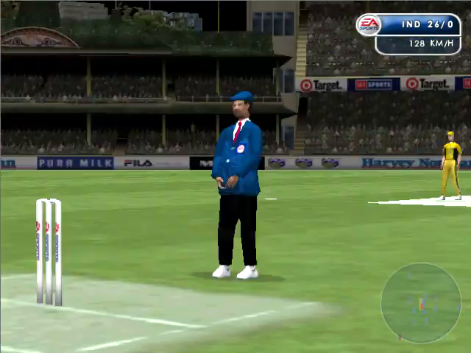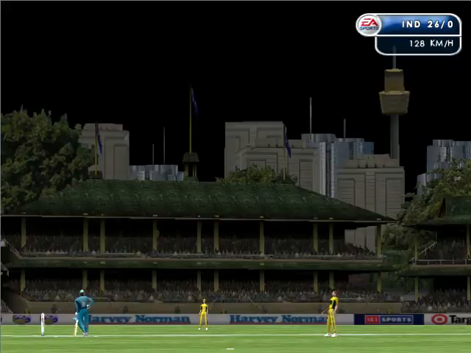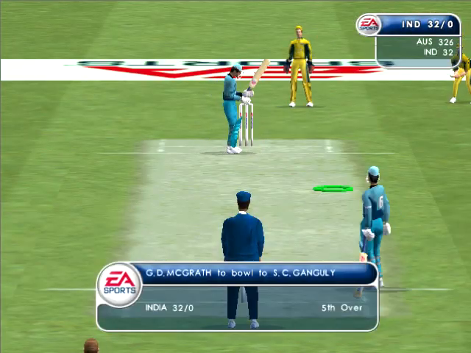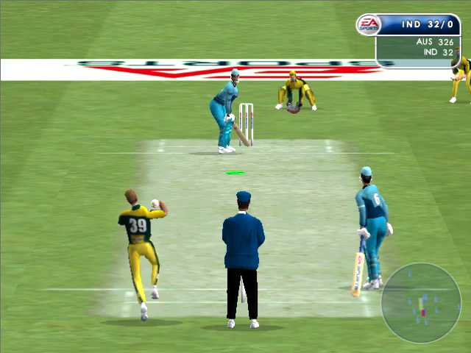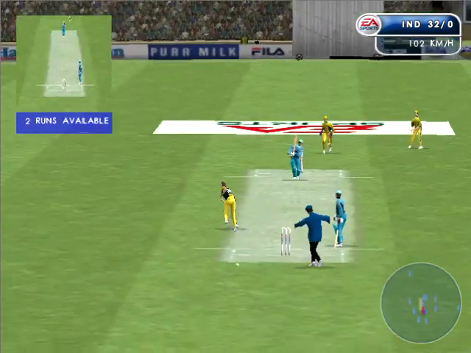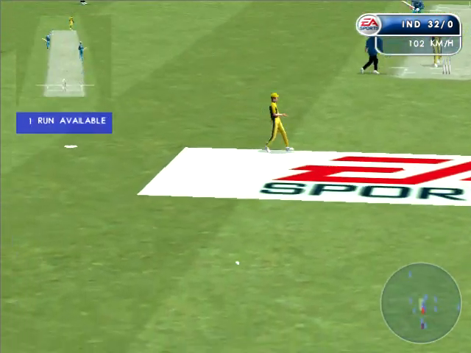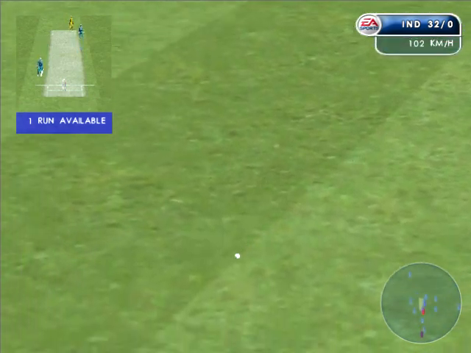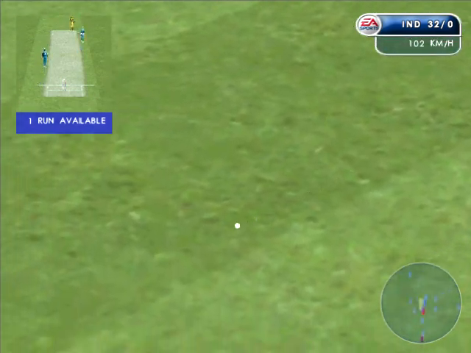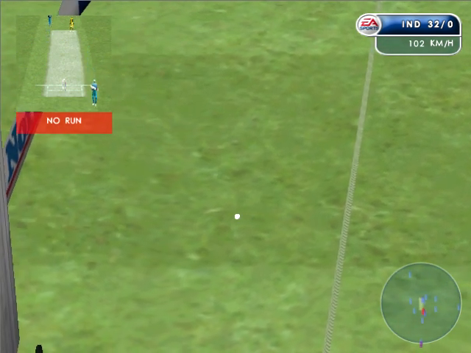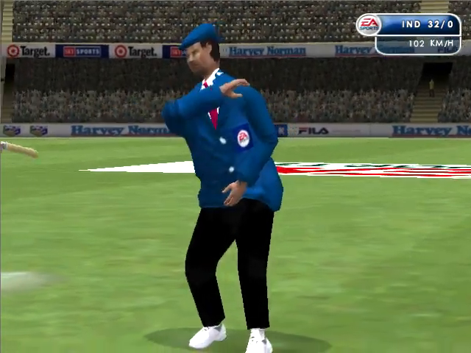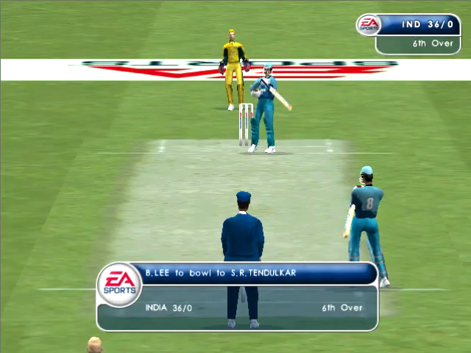The bowler won't like that one little bit. McGrath at the start of his run-up. Overpitched and 4. Ganguly has now moved into the 20s. That's the end of the 5th over.